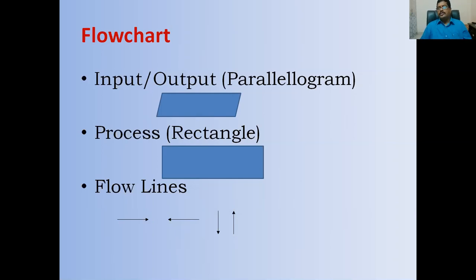And along with that, to represent the flow from top to bottom or bottom to top, we use flow lines: right arrow, left arrow, up arrow and down arrow.